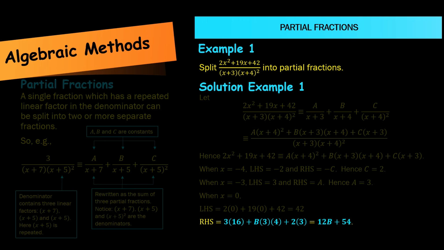Which once tidied up is equal to 12B plus 54. And so, since the left-hand side and the right-hand side are equal, we have that 12B plus 54 equals 42, giving us that B is equal to minus 1.